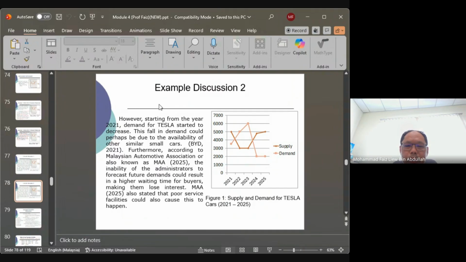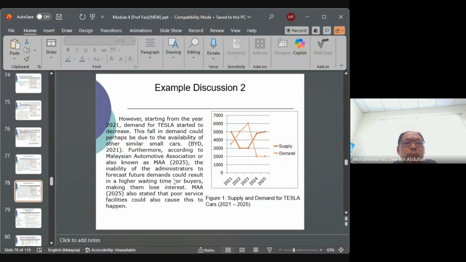This is another way. You can also say, however, starting from the year 2001, Tesla started to decrease, and this one is talking about decreasing demand because of other similar cars being available. And then you are quoting the Malaysian Automotive Association (MAA) 2025, on the inability of the administration to forecast the future.